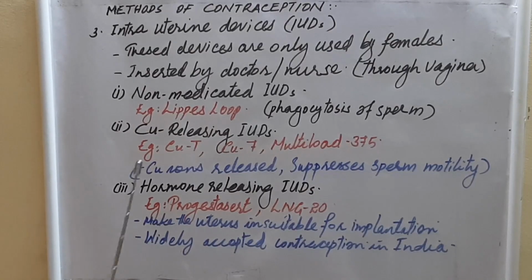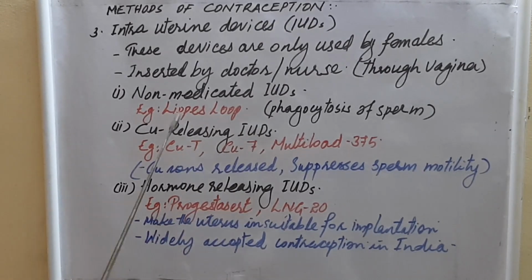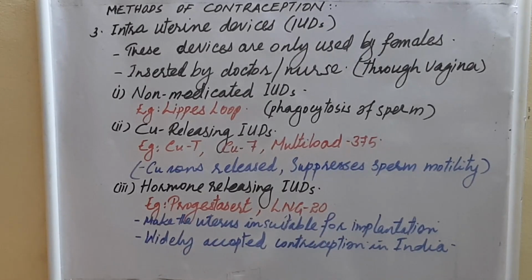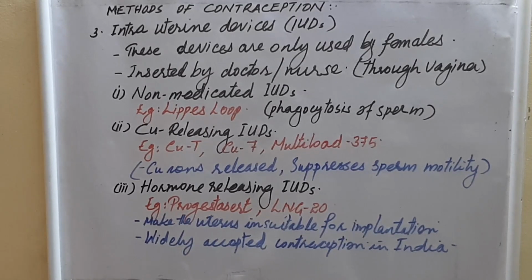We'll have a look into the intrauterine devices, IUDs. These devices are only used by females and can be inserted only by an expert medical practitioner or an expert nurse, through the vagina. The IUDs are mainly of three types.